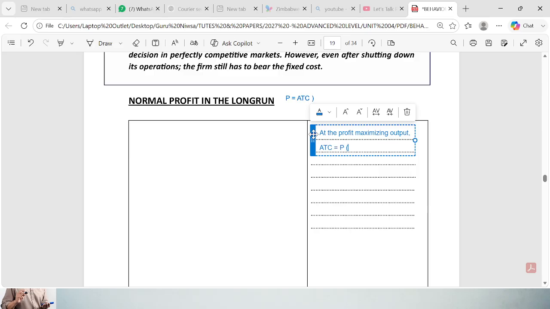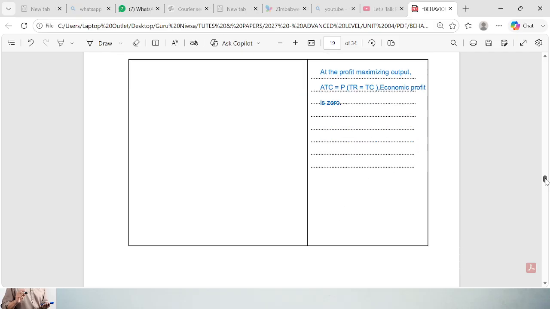Within brackets, write down, TR equals TC. Comma. Economic profit is 0. Right. That point also okay.